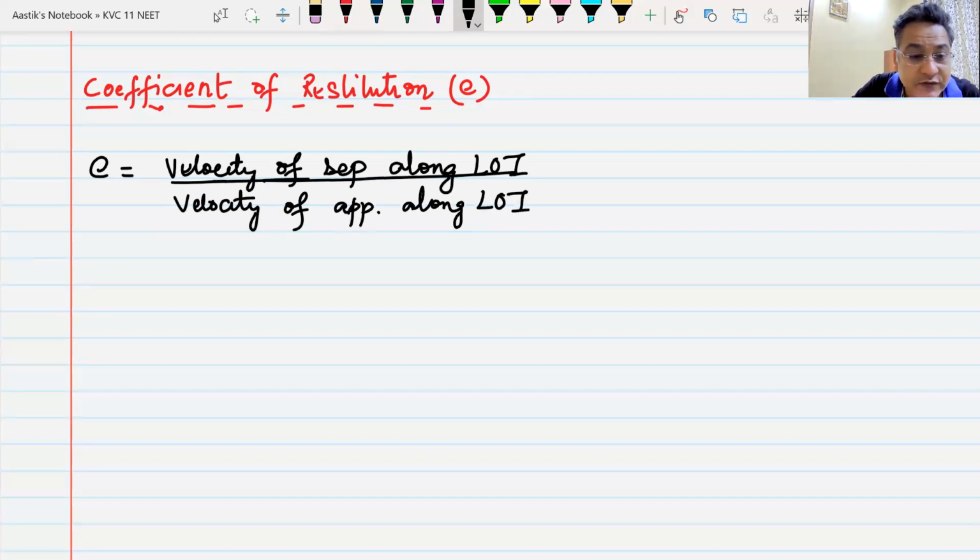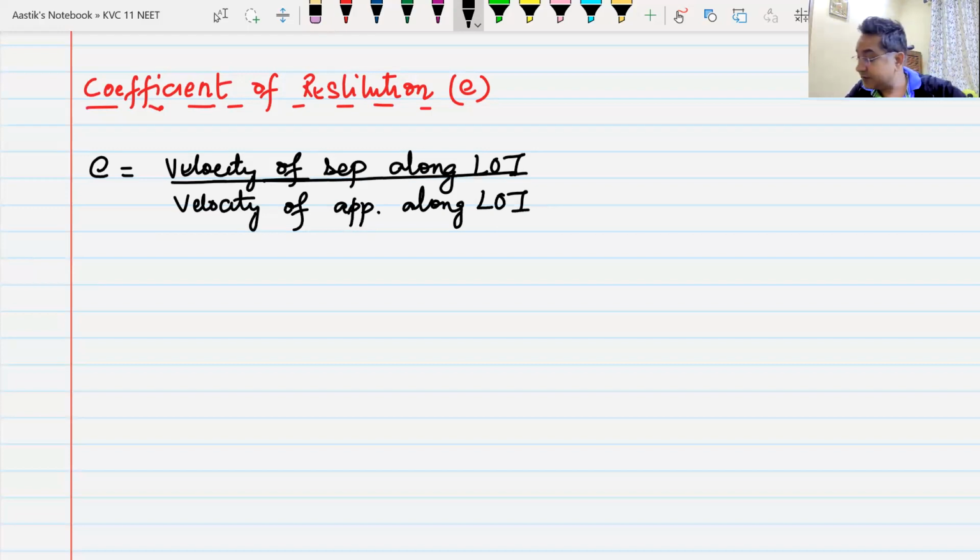Now you might get confused. What is this velocity of separation, and what is this velocity of approach? Don't worry, I'm going to give you a diagram, and that will make things very clear.